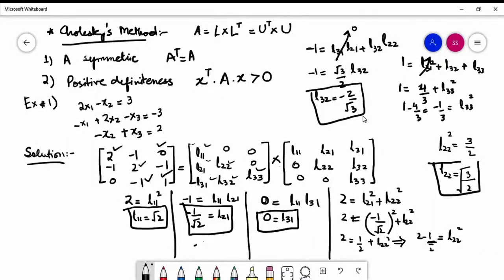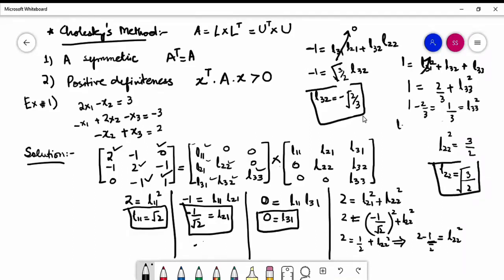If I replace these values, the next equation gives 0 equals 2 by 3 plus L33 square, so 1 minus 2 by 3 is 3 minus 2, that is 1 by 3. So L33 square is 1 by 3, that makes L33 equal to 1 by root 3.